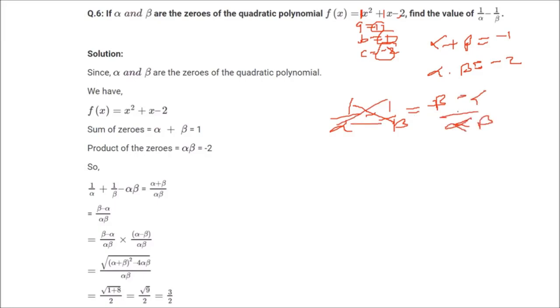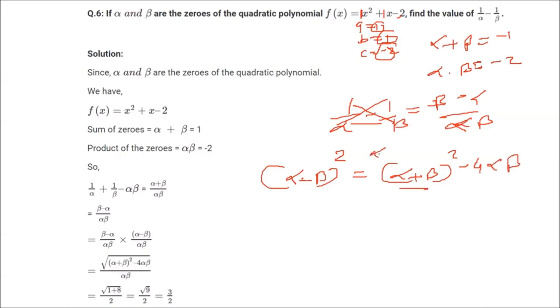So alpha minus beta, how can it be written? Alpha minus beta whole square can be written as alpha plus beta whole square minus 4 alpha beta. I'll tell you how. Alpha plus beta whole square is alpha square plus beta square plus 2 alpha beta.